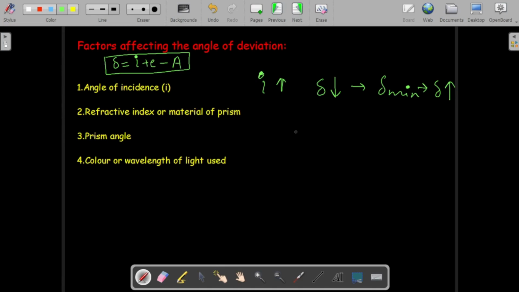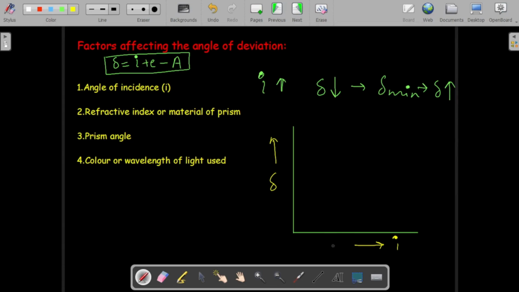And if we draw a graph for this, of angle I and delta, it has been found that the graph will be something like this. Let's say these are the two axes on which I'm drawing my graph. This is the axis of angle I, and this one is the axis of angle delta.